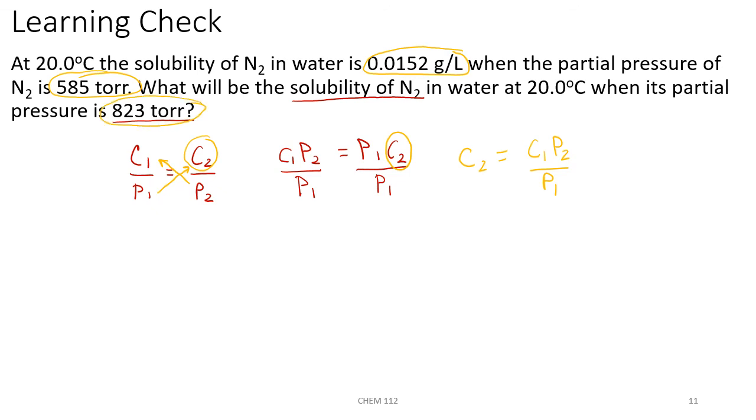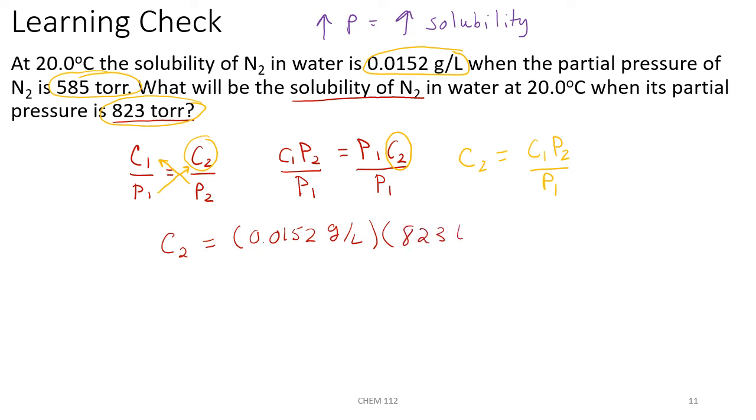So if we increase the pressure, we should expect an increase in solubility of our gas. That was the trend that we learned. So plugging these in, C sub 2 will equal 0.0152 grams per liter times pressure 2, which is our 823 torr, divided by pressure 1, which is our 585 torr.